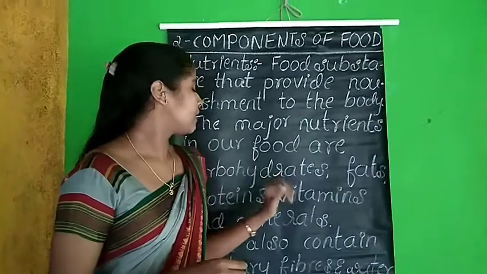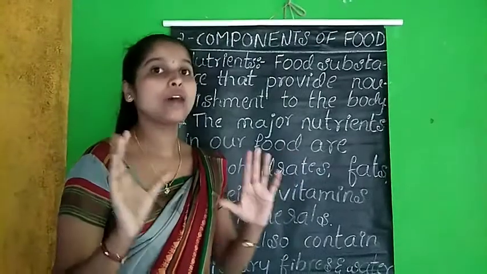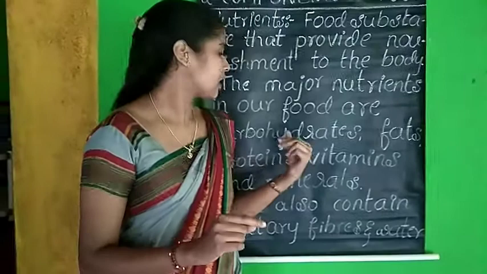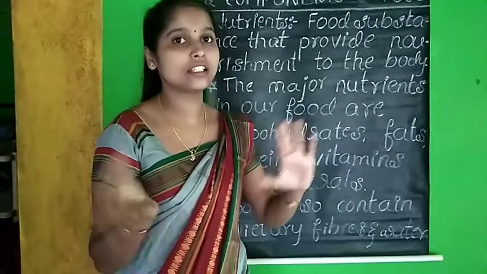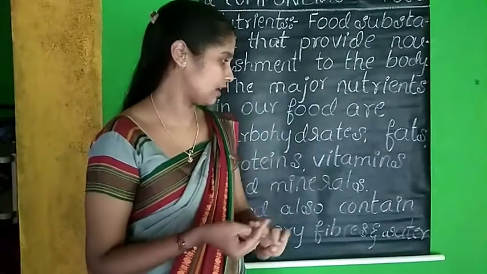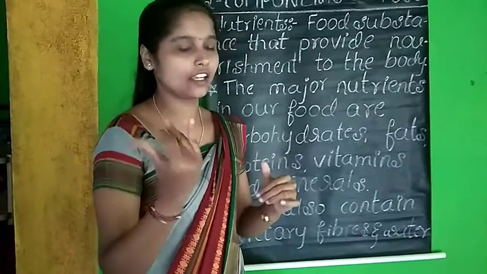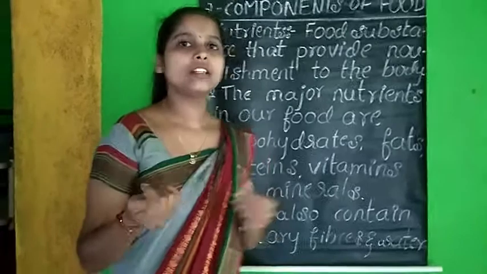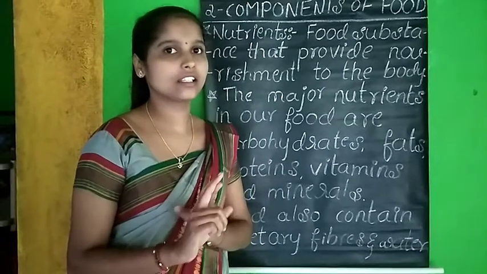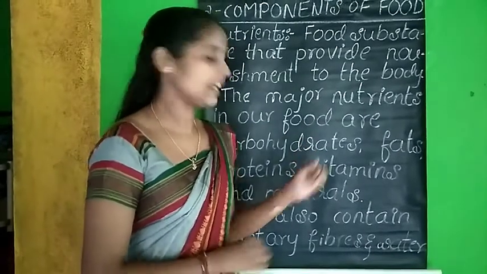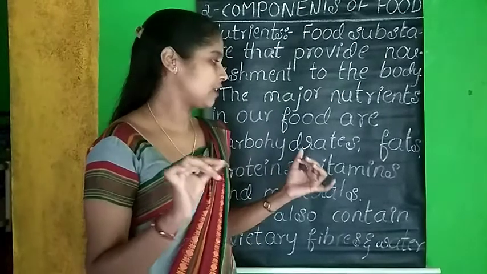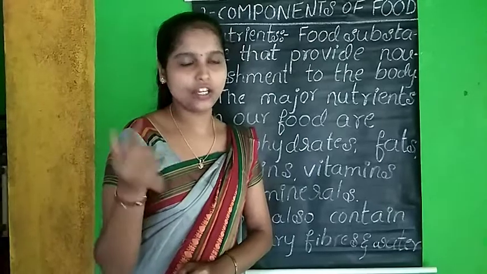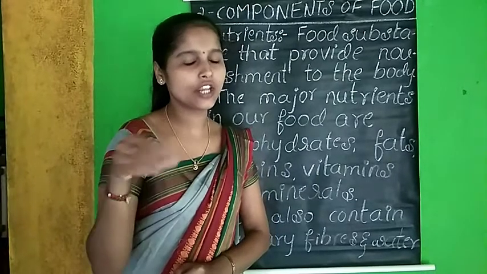The carbohydrates in food are present mainly in the form of starch or sugar. Test for starch: take any food item, for example, I have taken rice. Put 2 to 3 drops of iodine solution and shake well.